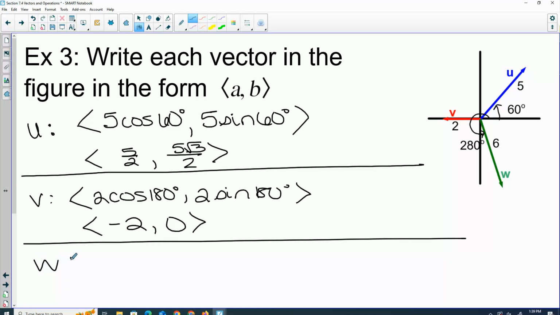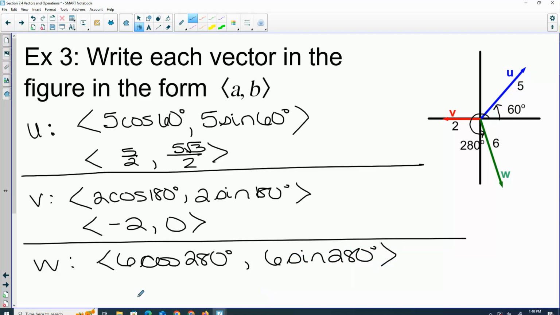Vector w, magnitude is 6. My angle is 280. So we have 6 cosine of 280 and 6 sine of 280.